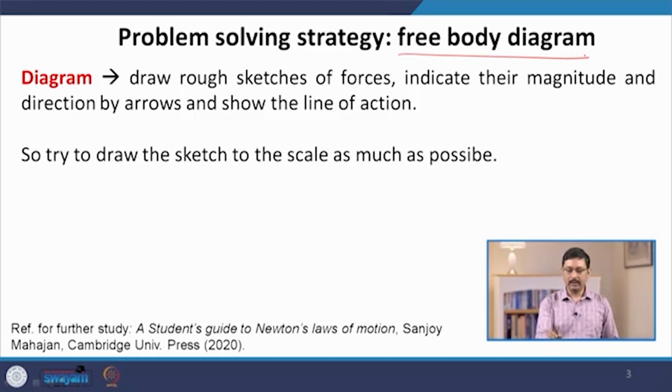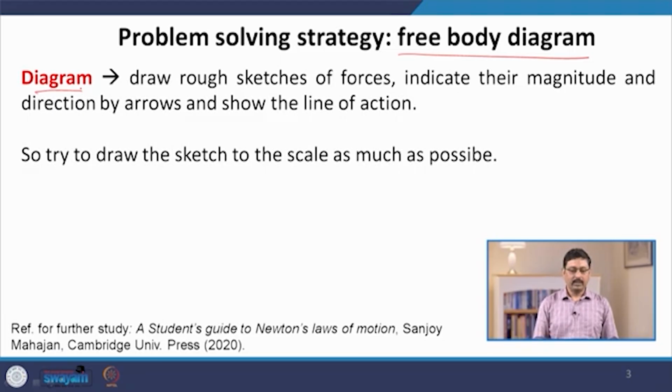There are three words: free, body, and diagram. Let us start with diagram. It means that when you start solving a mechanics problem, do not start just by thinking about which formula to use, and write down the formula and go on calculating some values.